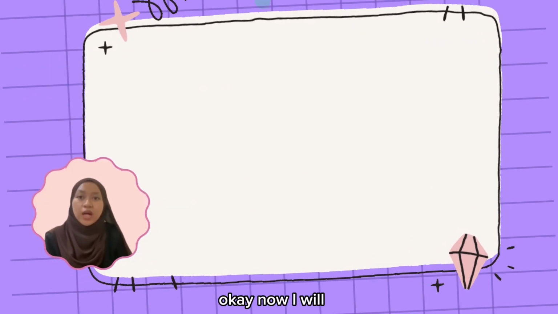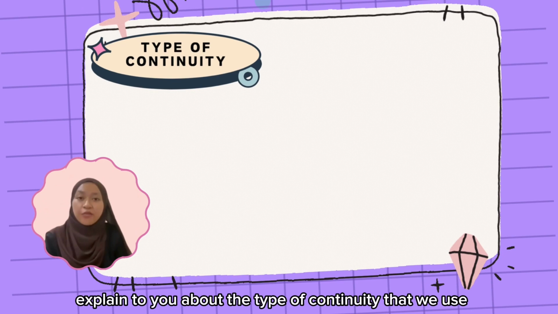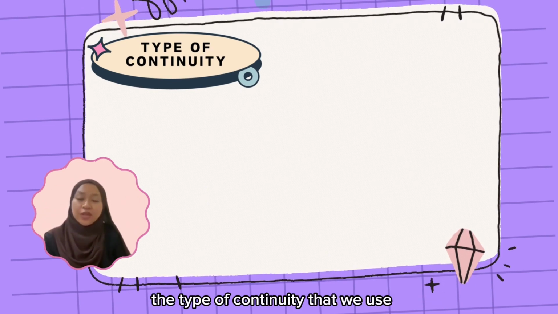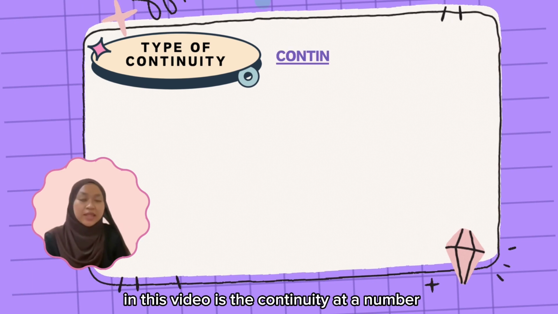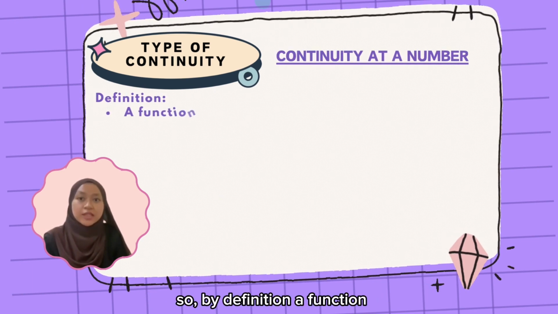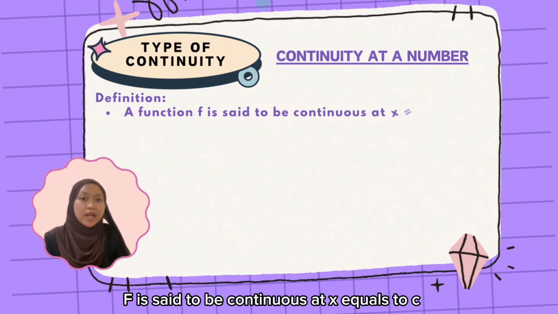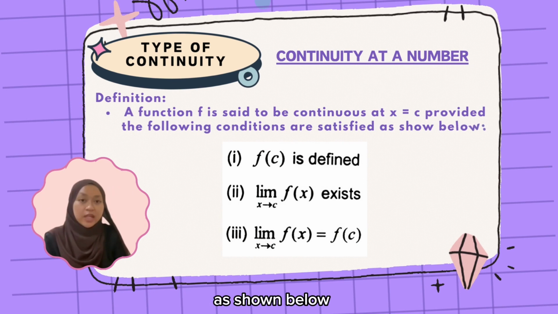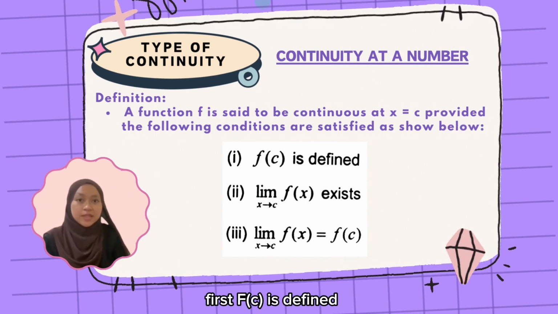Okay, now I will explain to you about the type of continuity that we use in this video. The type of continuity that we use in this video is the continuity at a number. So, for the definition, a function f is said to be continuous at x = c, provided the following conditions are satisfied as shown below. First, f(c) is defined.